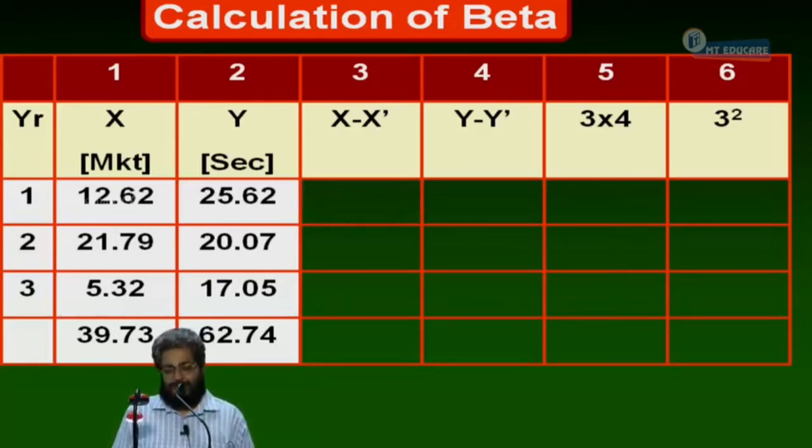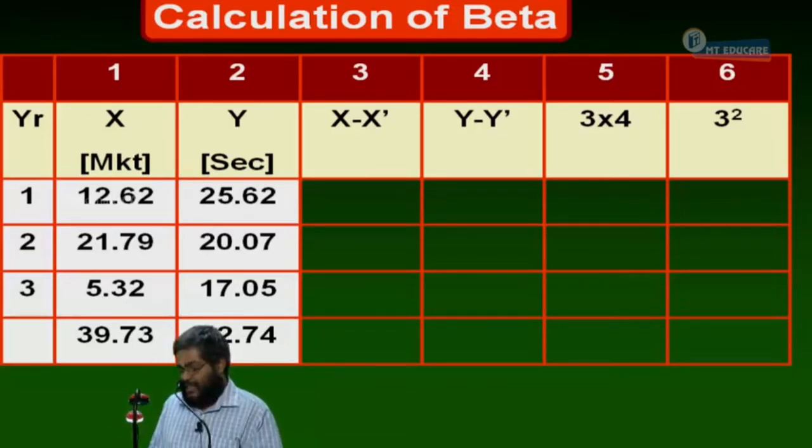Now x minus x bar. Tell me what is x bar here. Write the calculation below: x bar is equal to 39.73 divided by 3, which is 13.24.